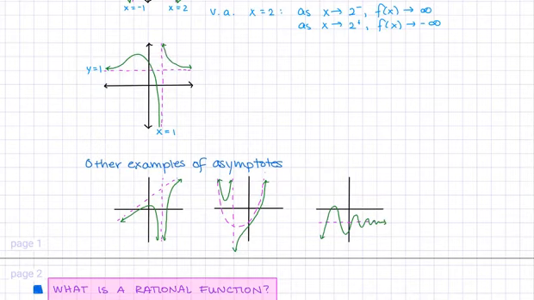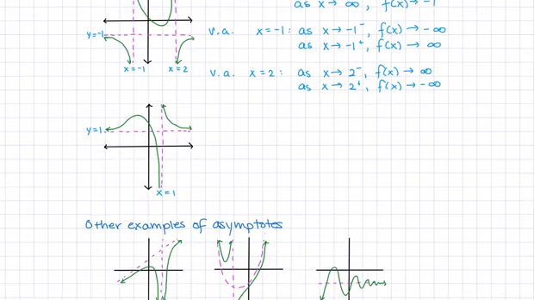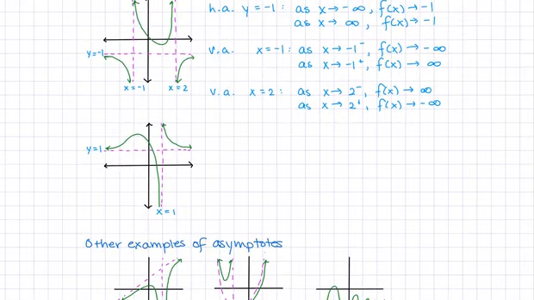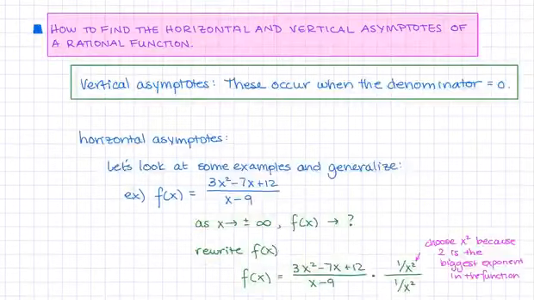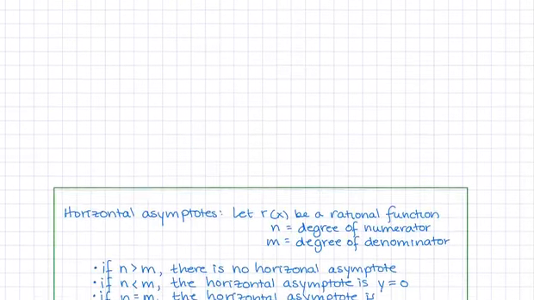A horizontal asymptote is what's happening as we go to negative or positive infinity. What's happening on the left or the right hand side, not in the middle of the graph. It can do whatever it wants in the middle of the graph. That won't affect the horizontal asymptote. It's all about the left and the right hand side. So, yes, we can cross a horizontal asymptote.